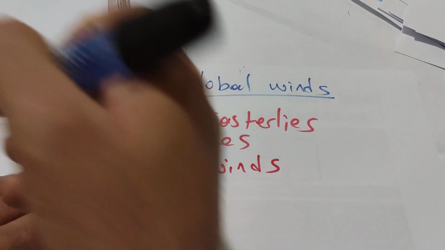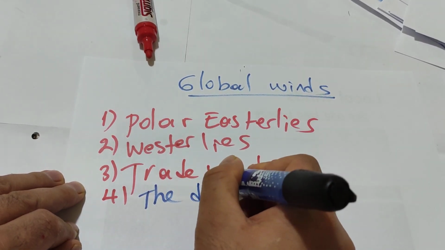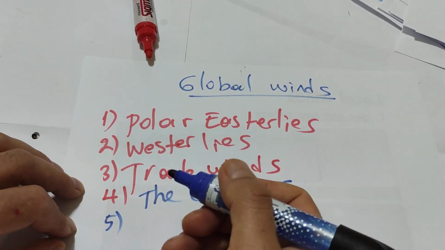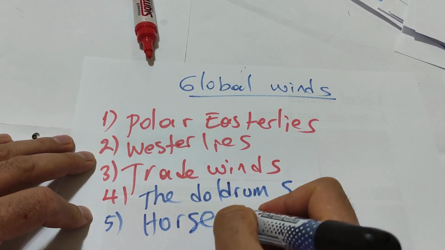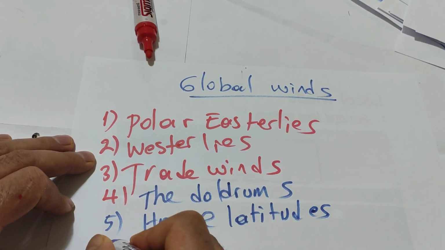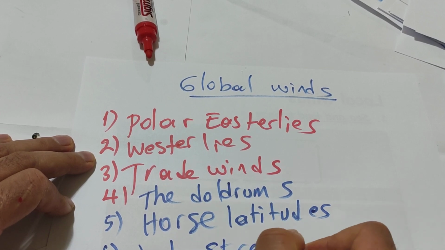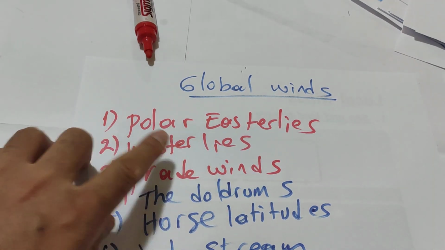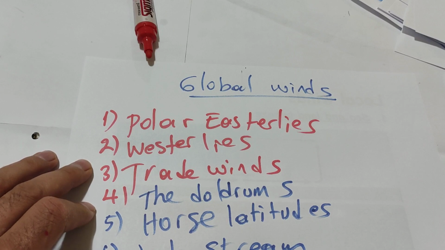Fourth one is the doldrums. Fifth one is horse latitudes. Sixth one is jet stream. Six kinds of global winds: polar easterlies, westerlies, trade winds, the doldrums, horse latitudes, and jet stream.